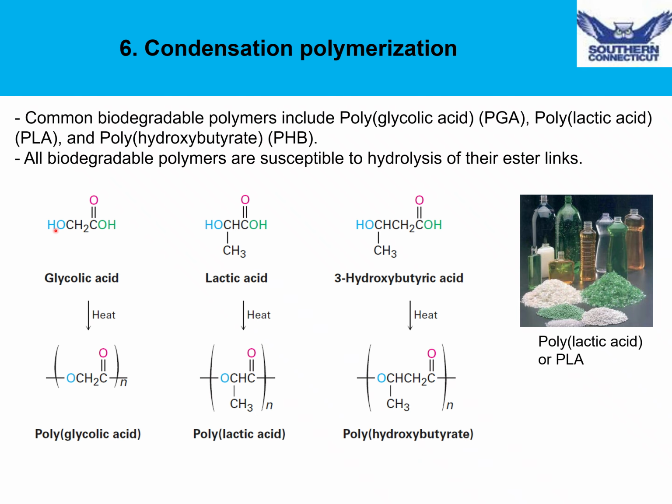One alcohol from one unit can react with a carboxylic acid of another. The same thing happens in the other 2 examples. We have lactic acid and 3-hydroxybutyric acid. Each of them contains an alcohol and a carboxylic acid.